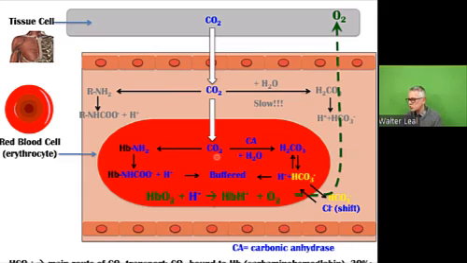So in other words, you pick up CO2, make bicarbonate and generate protons. That's very important to keep in mind. You generate protons. We don't want to increase the concentration of protons in the tissue very high, because one thing that the body always tries, in terms of homeostasis, is to balance the pH.